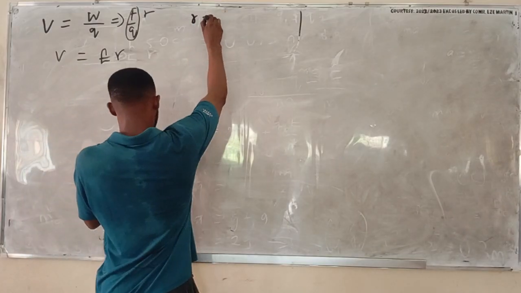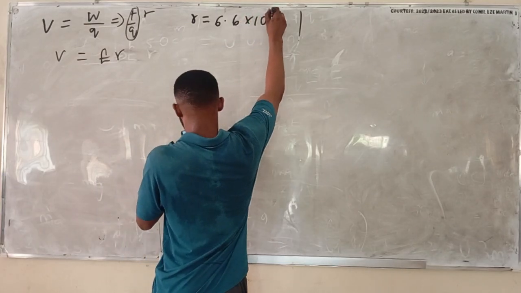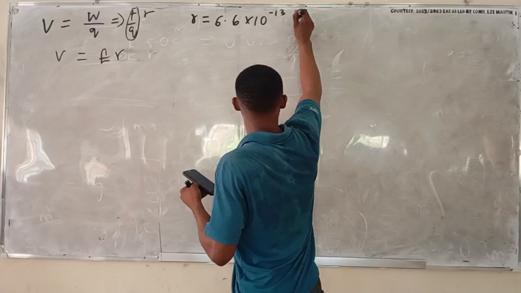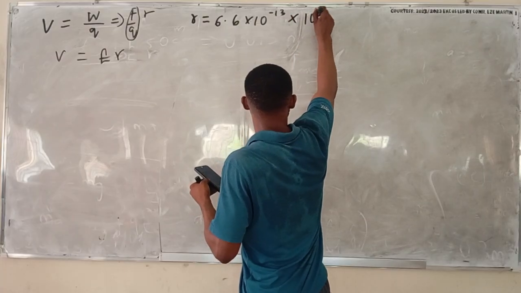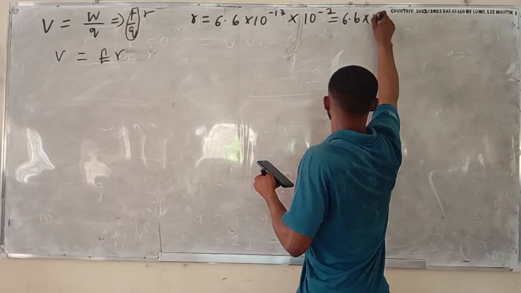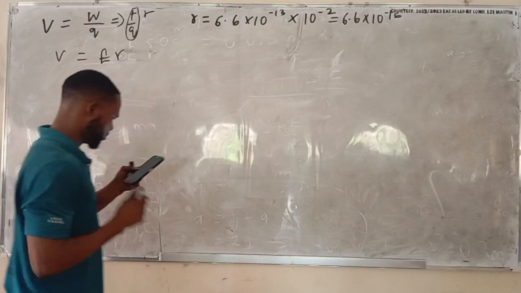So I have radius equals 6.6 times 10 to the power minus 13, and this is in centimeter. Taking it to meter is the same as 10 raised to the power minus 2, which equals 6.6 times 10 raised to the power minus 15. Do you agree?